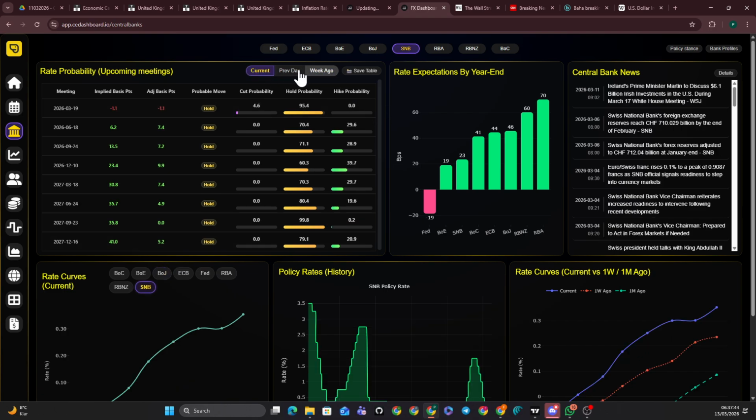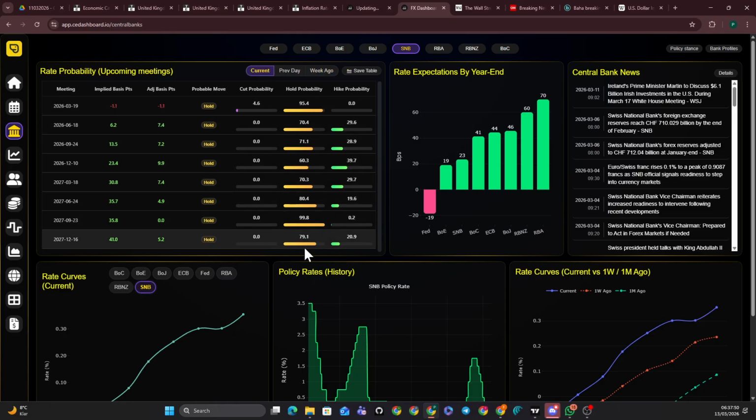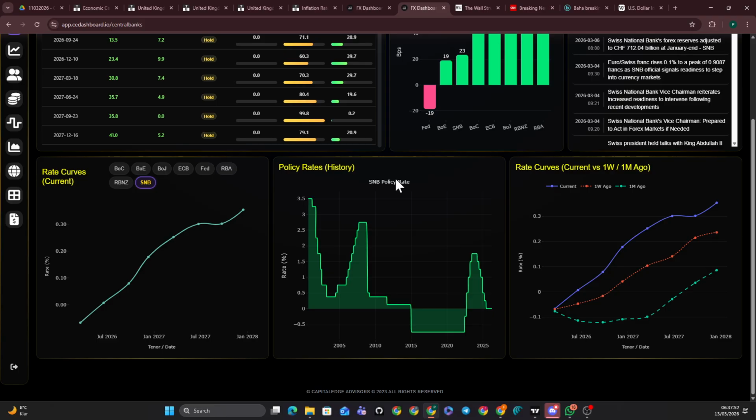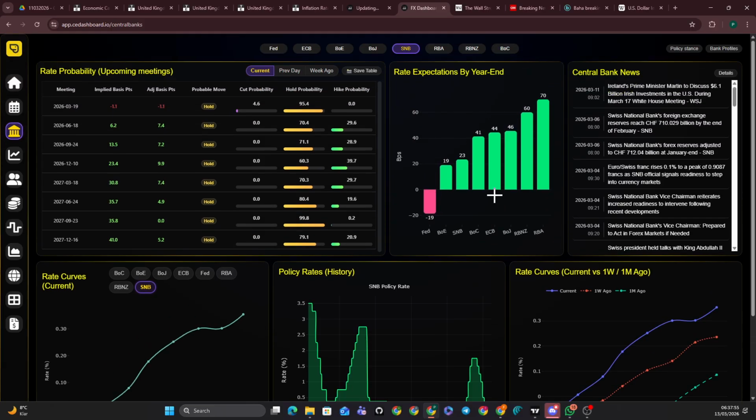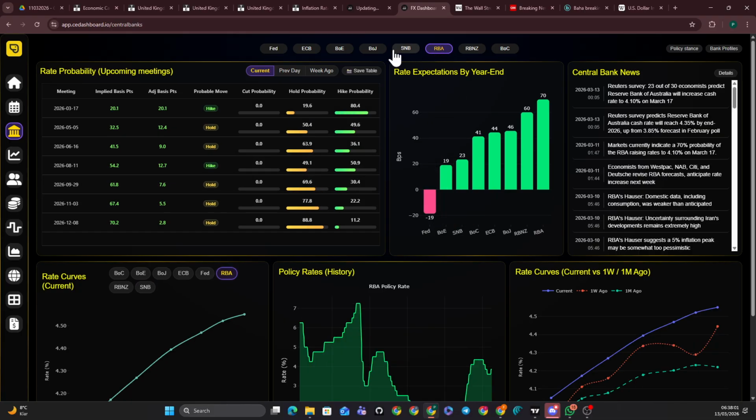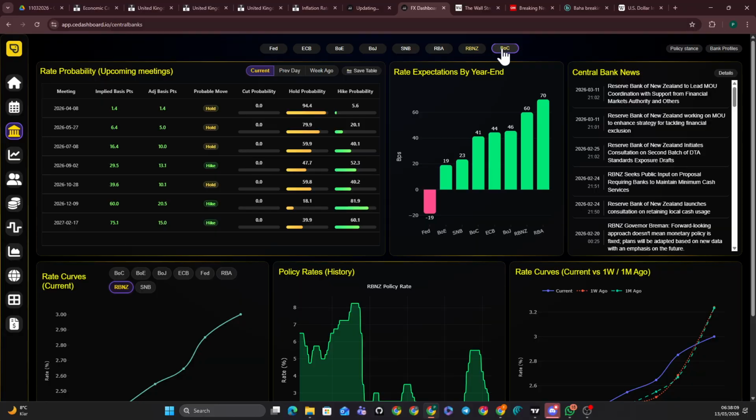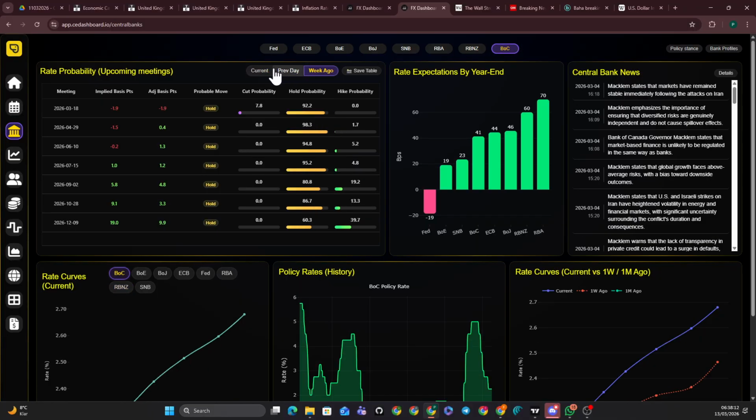The Swiss National Bank, we also see some interest rate hikes. This is all because of the war happening in the Middle East and the impact of oil prices on inflation. So if we see some easing in the war, the entire scenario may shift back to normal. The Bank of Canada, people have started to see some rate hikes by October.